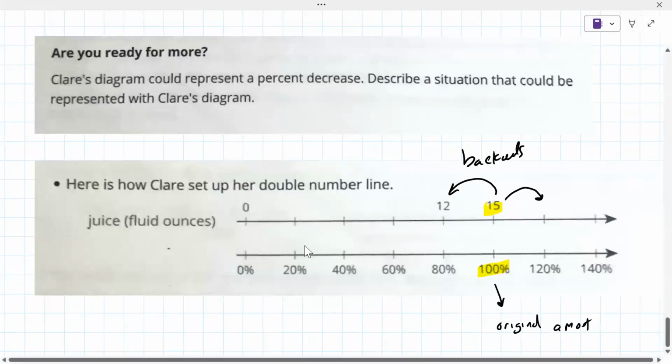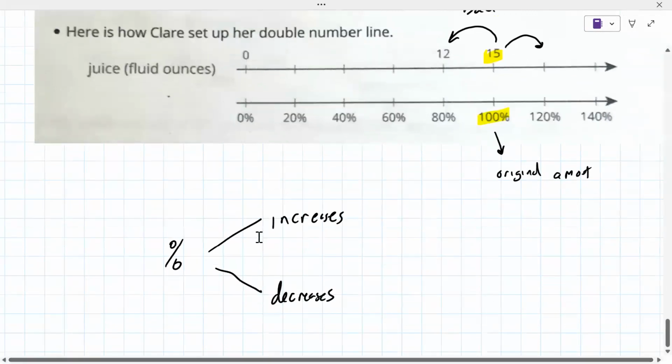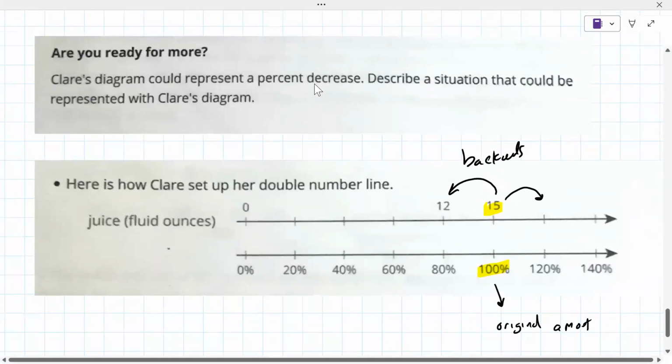Okay, so there are two types of percentage problems. There are percent increases and there are percent decreases. So the answer to this one is percent decrease problem, where this is the original amount.